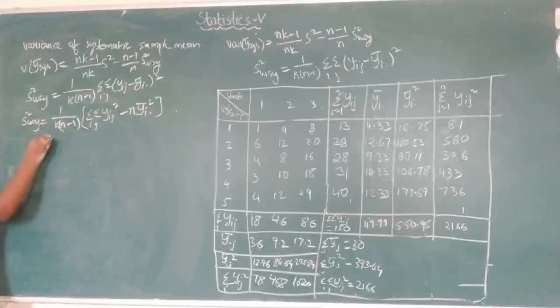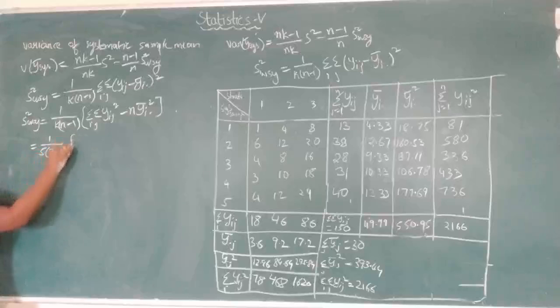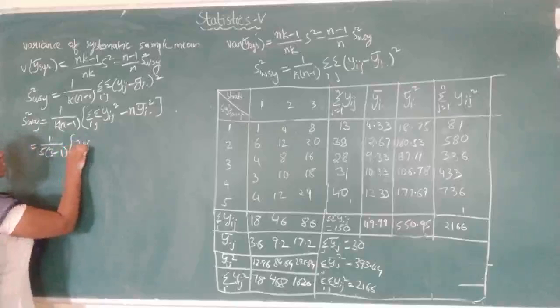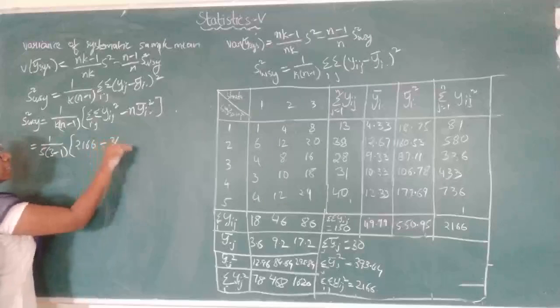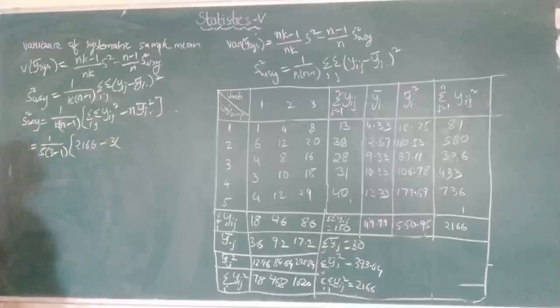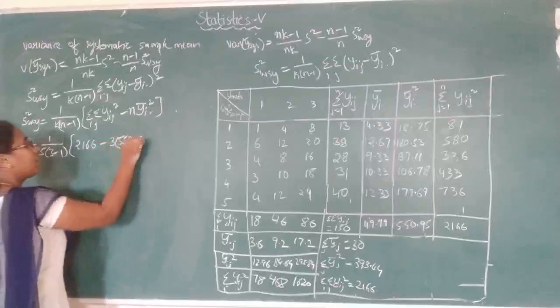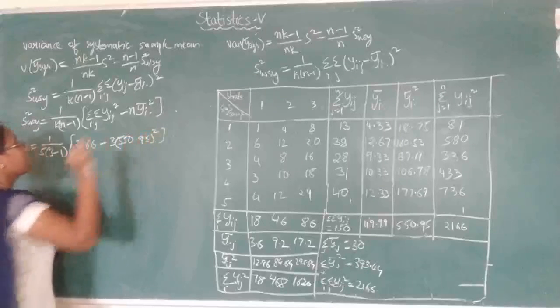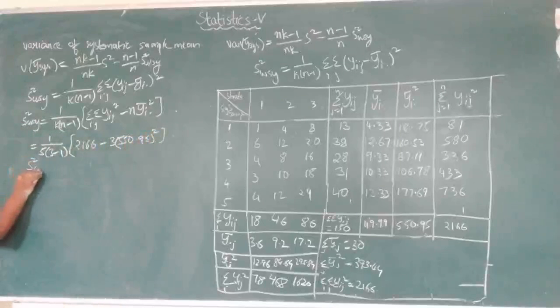So substitute the values. 1 by k value is 5 into 3 minus 1 into double summation y square is 2166 minus n, that is 3 into y i dot bar square is 550.95. So solve this one, you will get S square wsy value as 51.315.